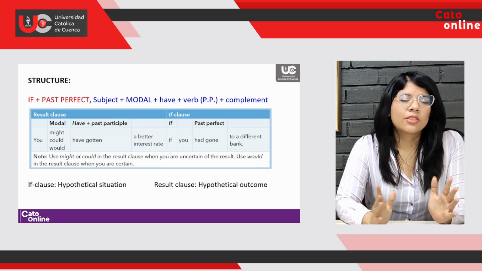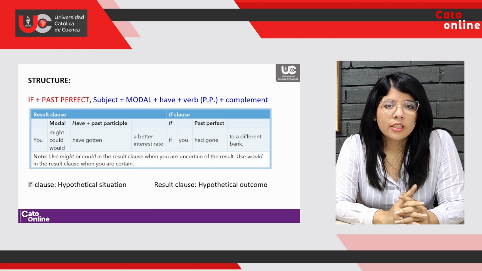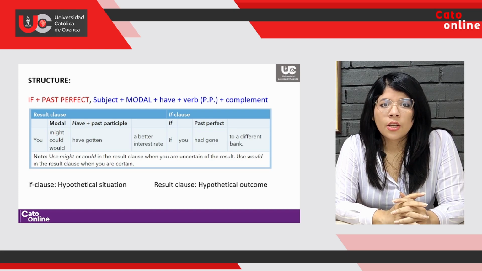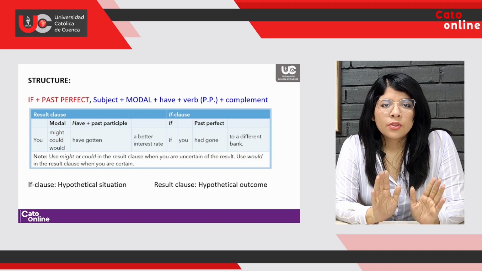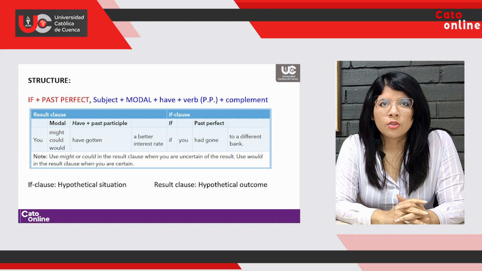Now let's talk about the structure that we're going to need for the past unreal conditional. This is also called the third conditional. So you're going to have two parts to this sentence. The first is going to be called the if clause, and the second one is going to be called the result clause. Okay?